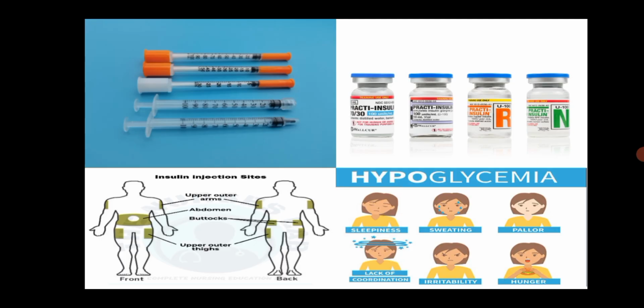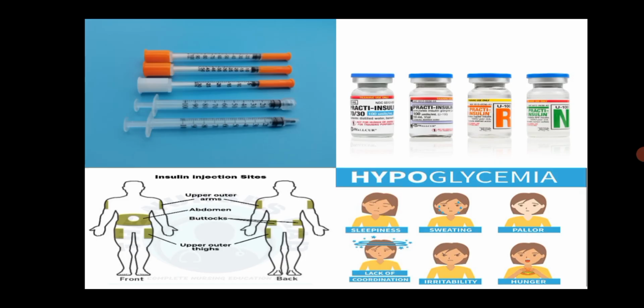The abdomen is good because it is easily absorbed. Then it can also be administered on the upper arm, as you can see, where there are those green parts. Then it is also administered on the thighs, and aside from the thighs, on the buttocks.